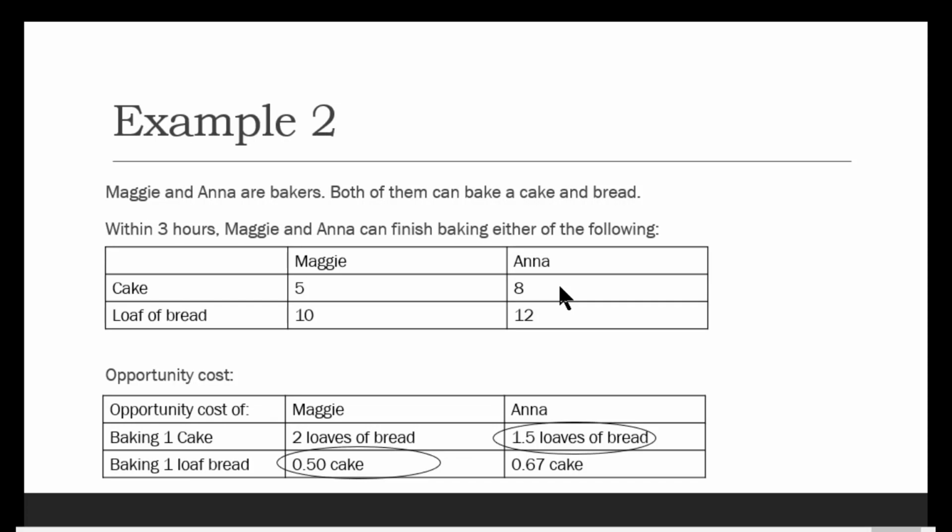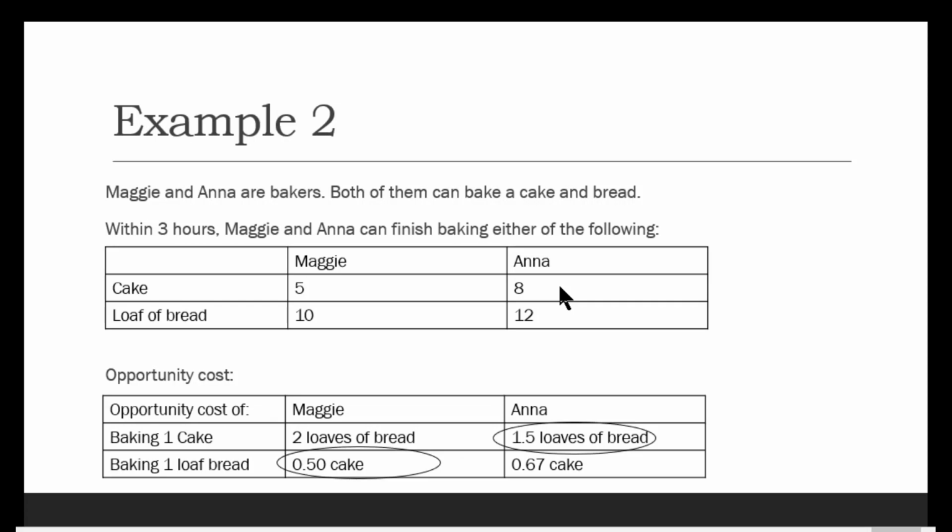Every 1 cake she will be losing 1.5 loaves of bread. And when Anna chooses to bake 1 loaf of bread, she will lose 0.67, or 2/3 of a cake.